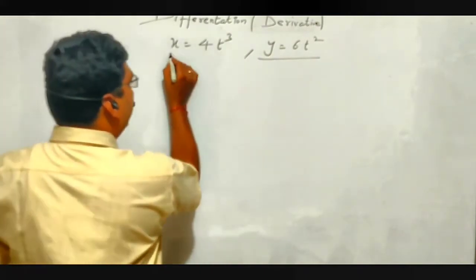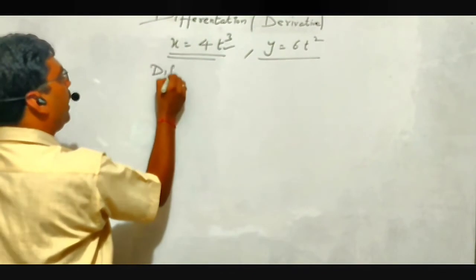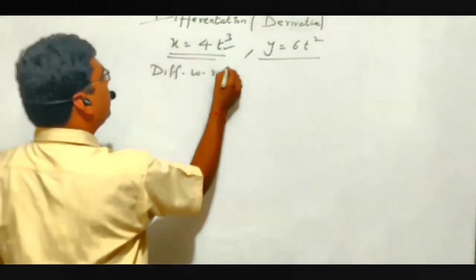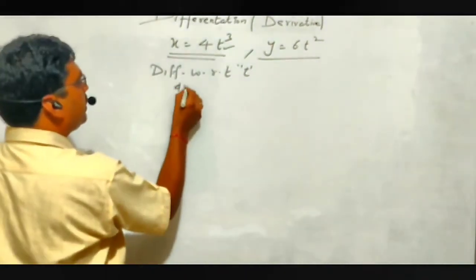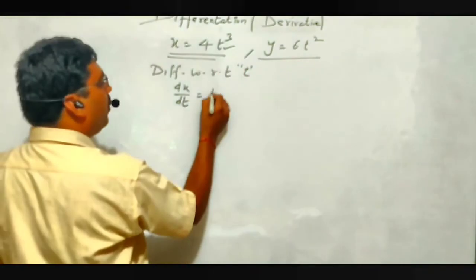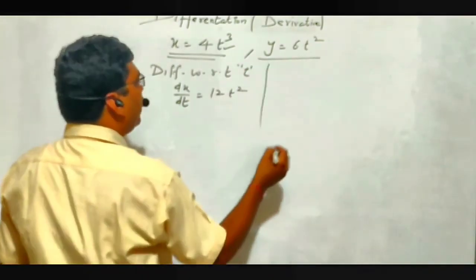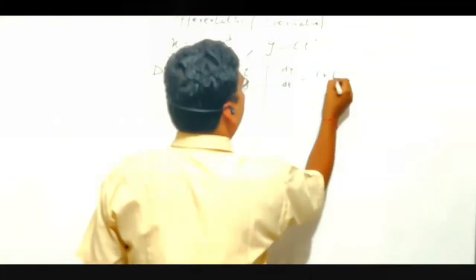First, differentiate with respect to t. dx by dt: the power comes forward, 12t squared, and dy by dt becomes 12t.